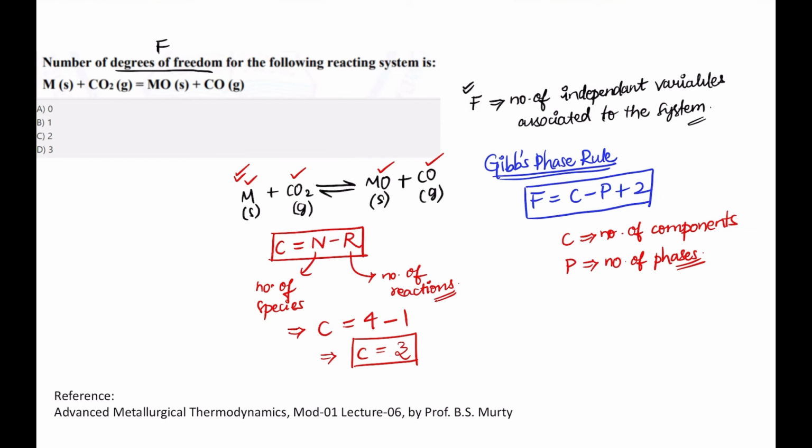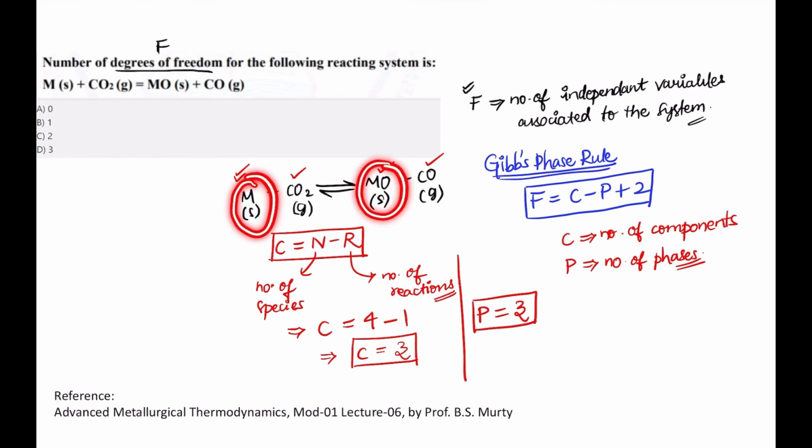Very simple, right? And what is the number of phases? P is also equal to 3. How? Solid M and solid MO, even though both are solids, they are two different solids, which means they can easily be differentiated. So you have two solids and one gas, CO and CO2.